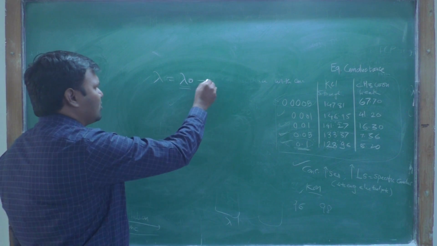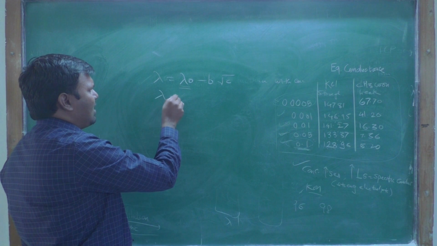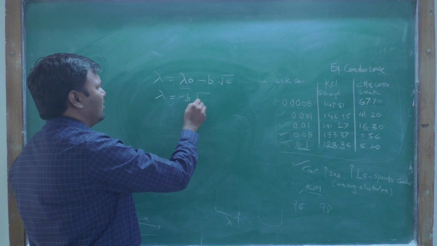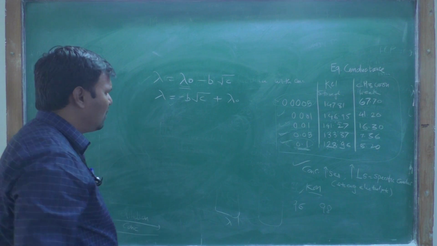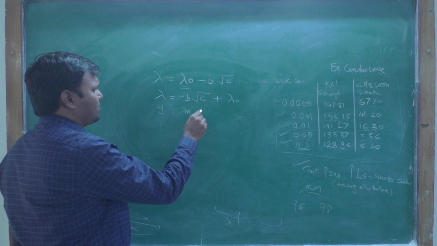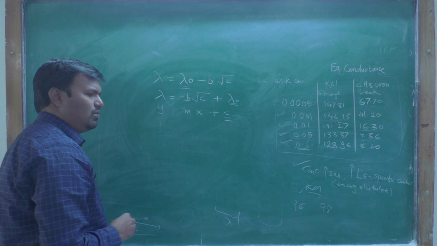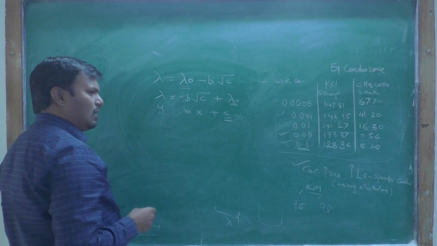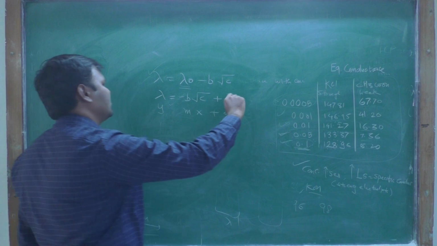We can write this as lambda equals minus b root c plus lambda 0. It is the equation y = mx + c, where c is the intercept, that is lambda 0, the limiting lambda value. For a very dilute solution, the equivalent conductance is called lambda 0.